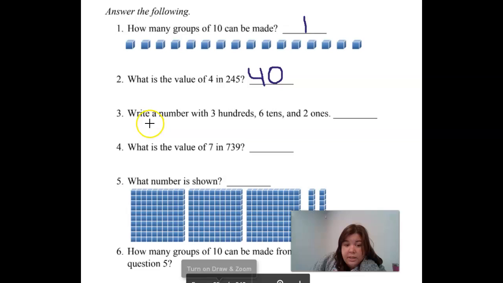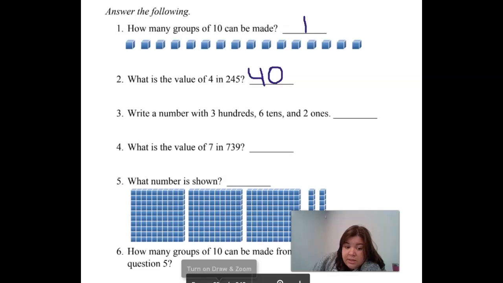Okay. So the next question is write a number with 300, 6 tens, and 2 ones. I'm going to put the place value chart back up for you in case you need to look at it. Then after I get the place value chart up, pause it and see if you can do 300, 6 tens, and 2 ones.